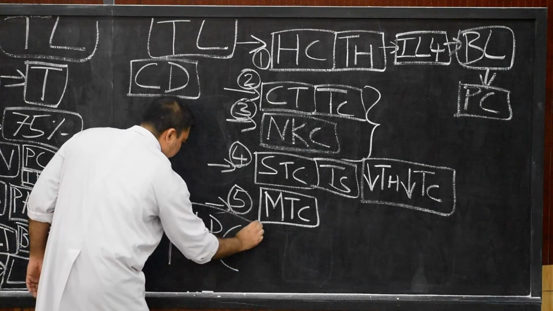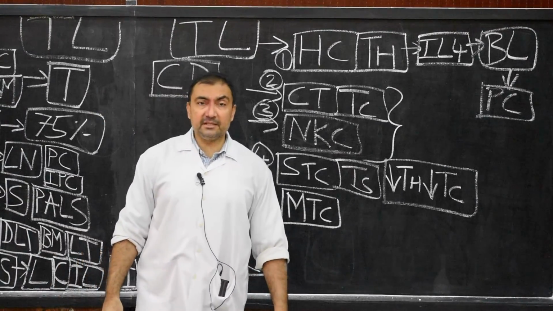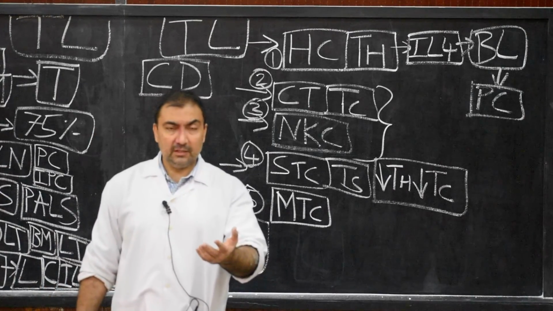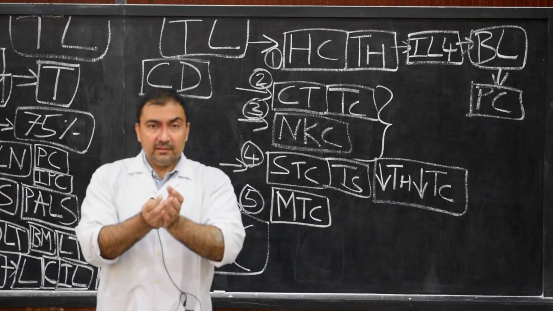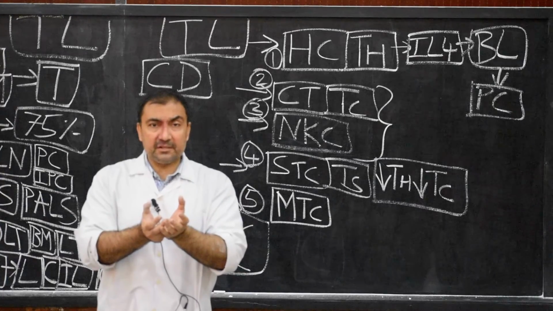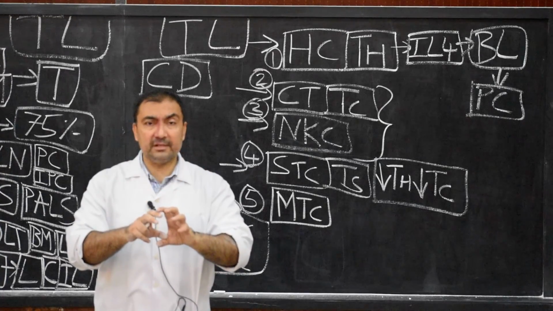What are antigen presenting cells? Here we are going to discuss. The antigen presenting cells are those cells which are found in various tissues. Their property is that they will capture the antigen and phagocytose it, that is, they will undergo the process of phagocytosis, and they will retain the products for a longer time.